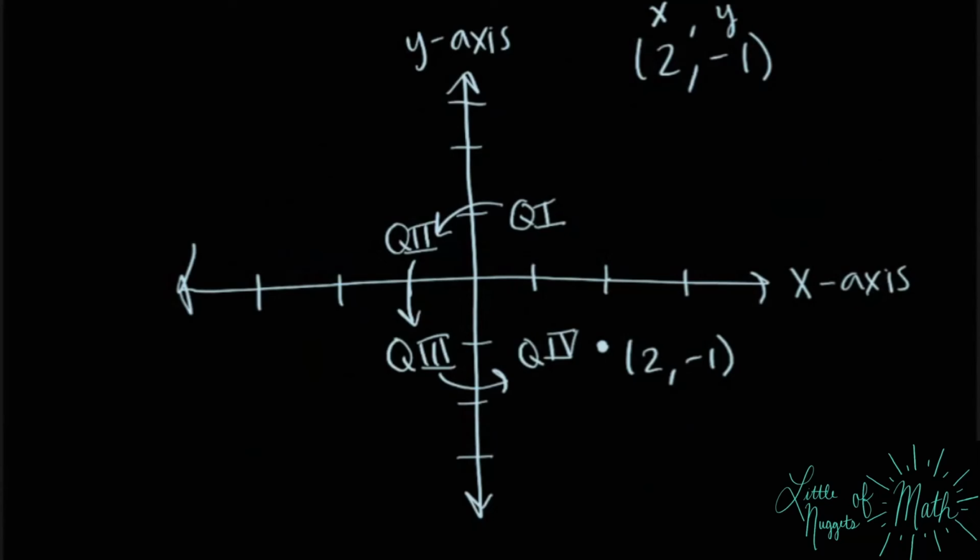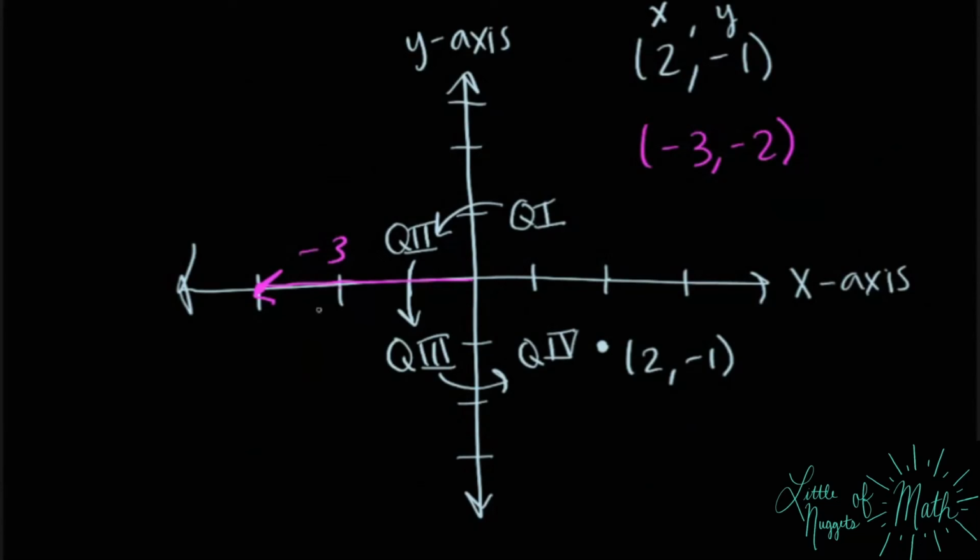Let's try one more. What if you were asked to plot the point -3, -2? Well, we're going to start with the x first. And when we go to the left, 1, 2, 3, that would be -3.